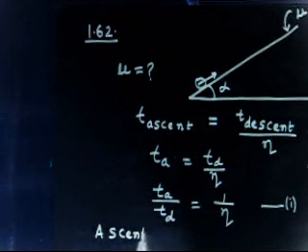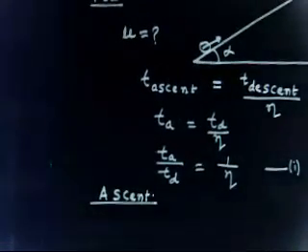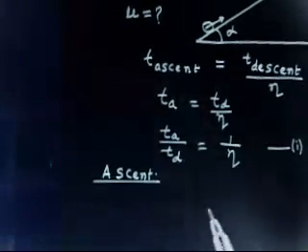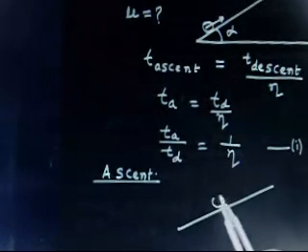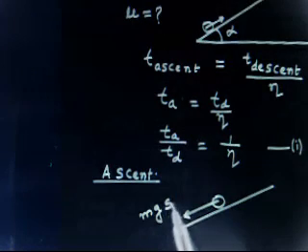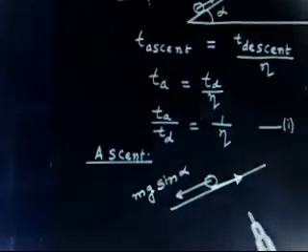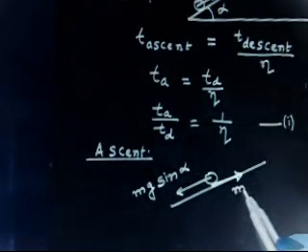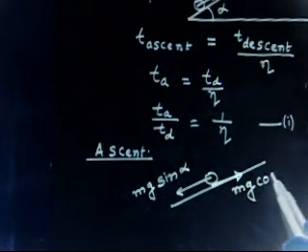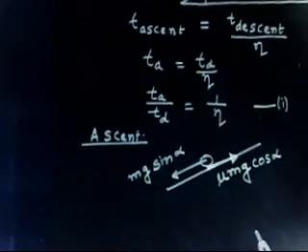So what is the time of ascent? When this is going up, I can write the forces acting on the object. mg sin alpha is acting downward and the friction force is acting downward too, and mg cos alpha is the normal reaction, times mu, that is the force of friction.